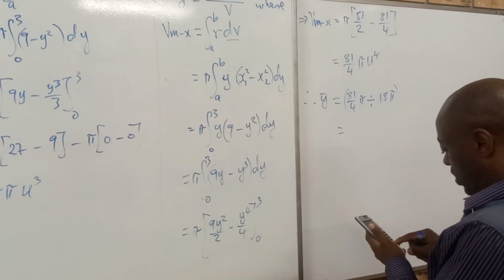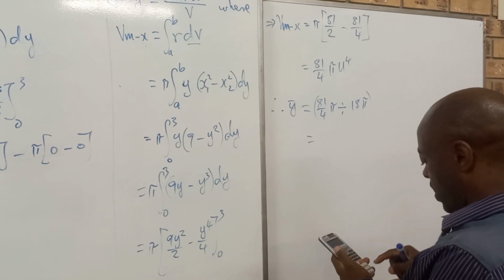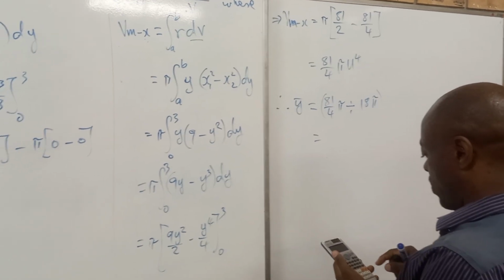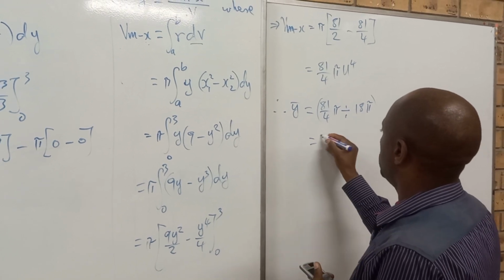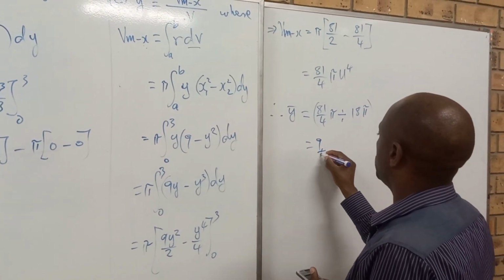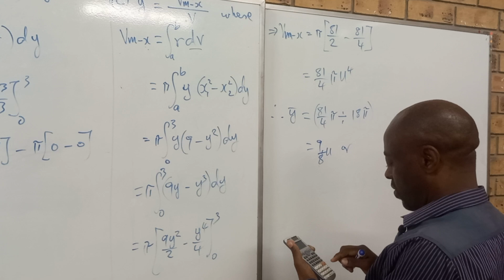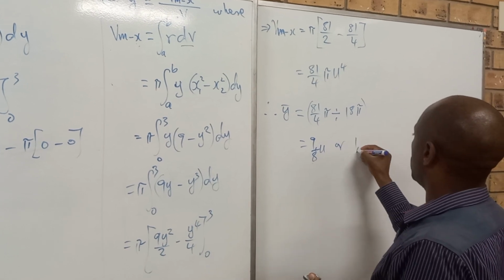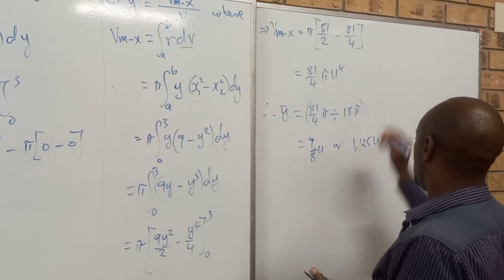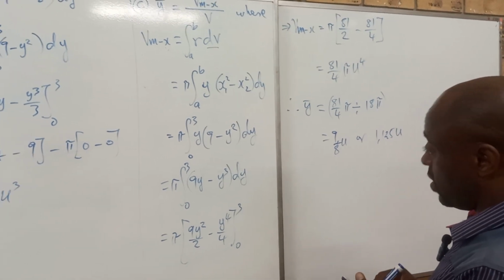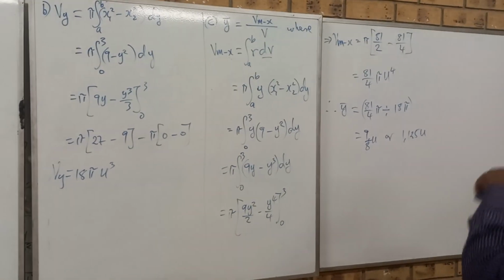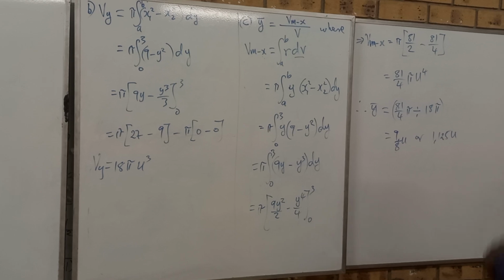So I take 81 over 4 and divide by 18, the pi will cancel itself, and that will give me 9 over 8 units, or if you prefer decimals, you will get 1.125 units.